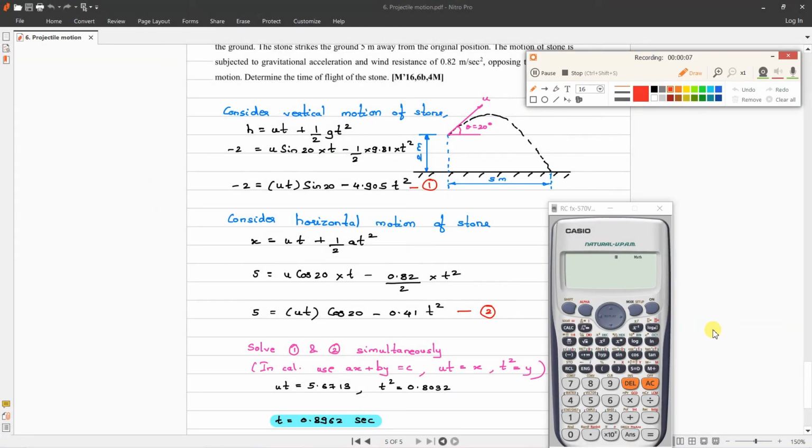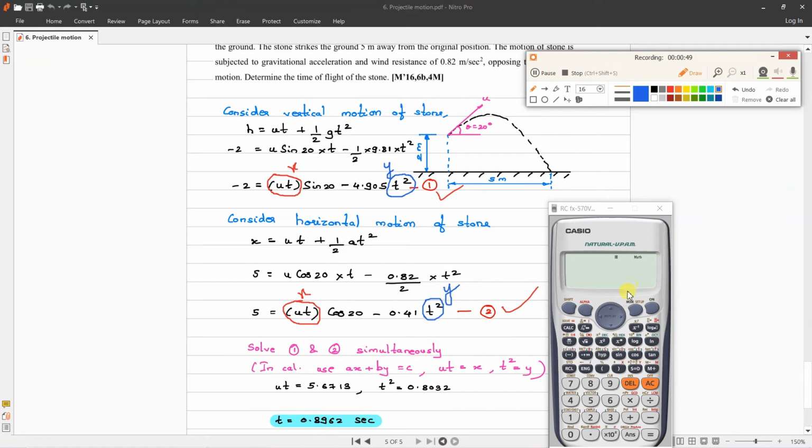Now we will see the calculation part. If you see these two equations, equation 1 and equation 2, in both we are considering ut as x, and t square as y.